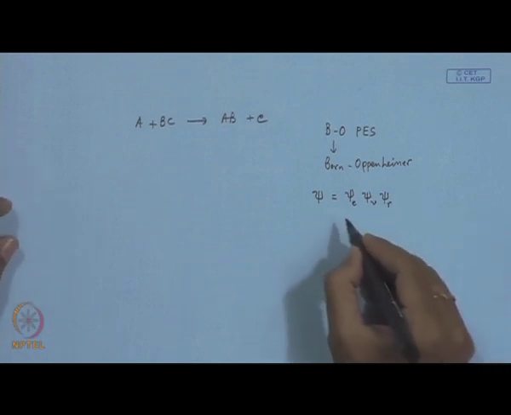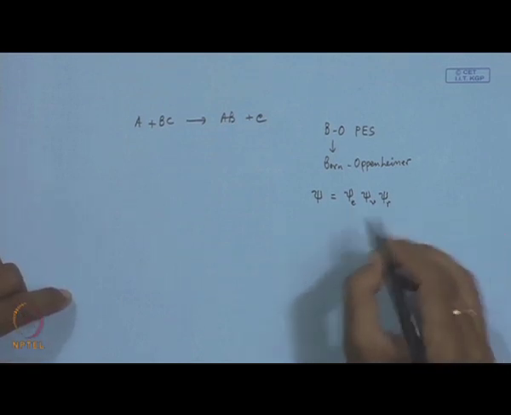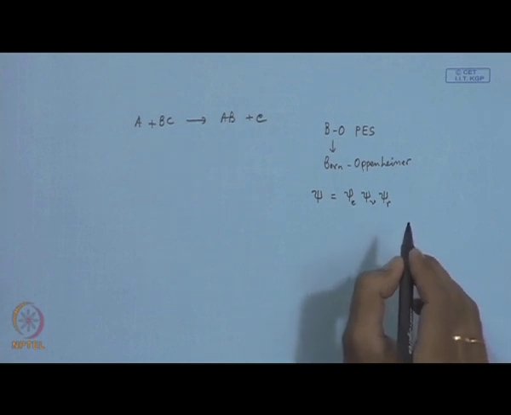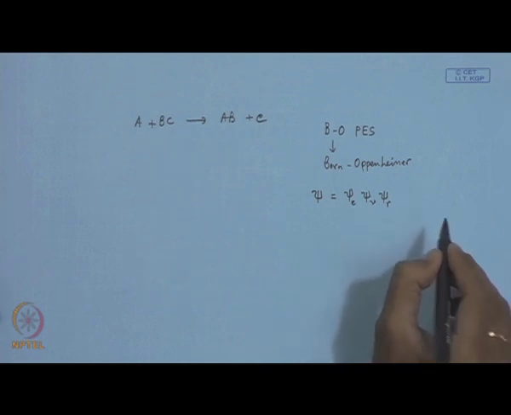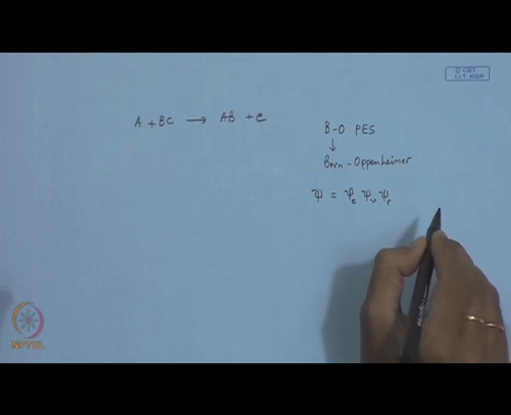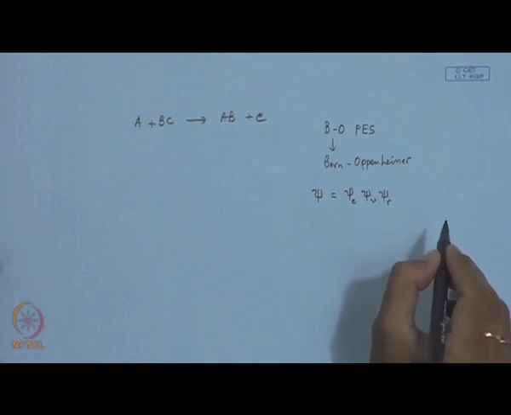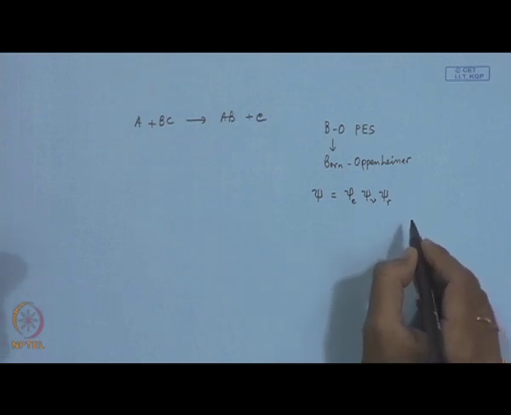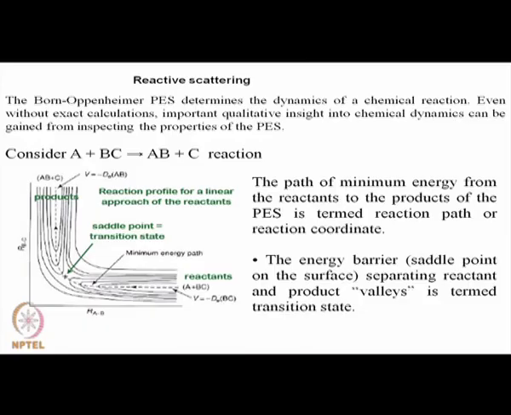Based on that, you can generate the potential energy surface, which depends on the Born-Oppenheimer approximation, and the dynamics of this chemical process is very much dependent on the topology of the Born-Oppenheimer potential energy surface. Even without the exact calculation, quantitative ideas on the chemical dynamics can be gained from inspecting the properties of the potential energy surface.